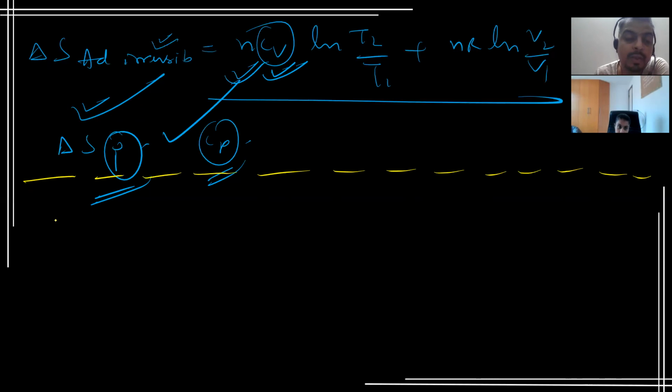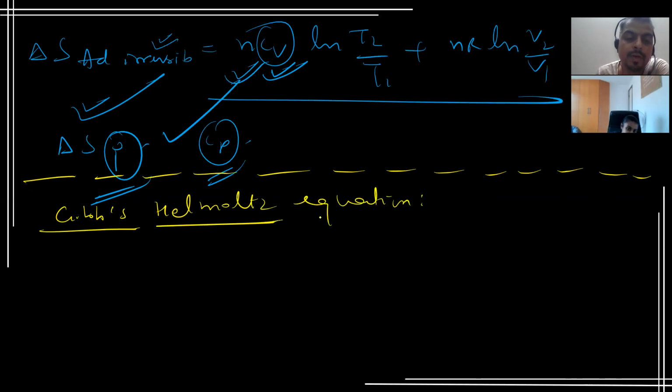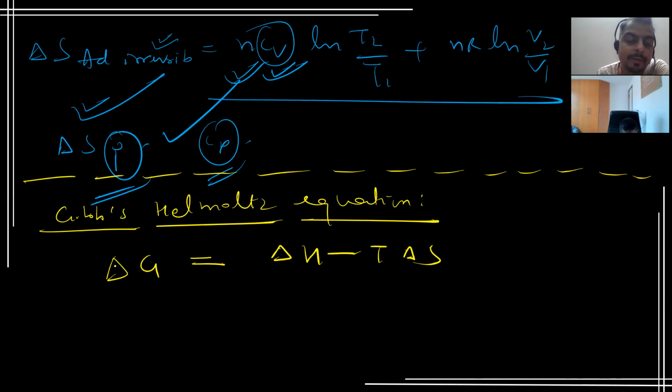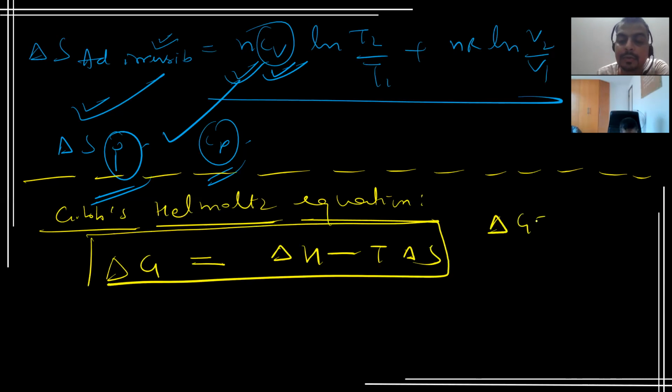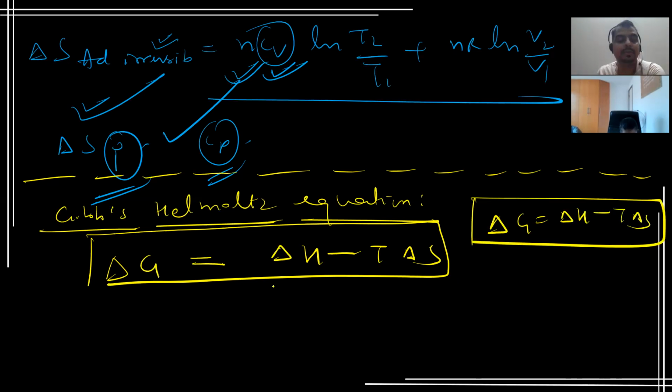Now I'm going to the Gibbs-Helmholtz equation. What is the Gibbs-Helmholtz equation? It is the relation of Gibbs free energy with the enthalpy and entropy. Delta G is equal to delta H minus T delta S. Now you will ask, sir, what is Gibbs free energy?